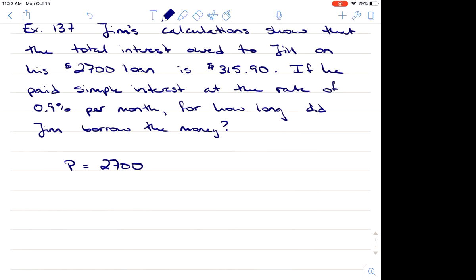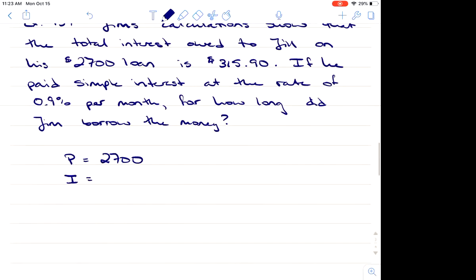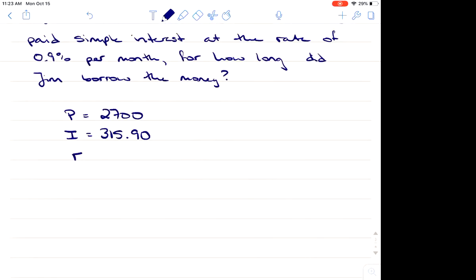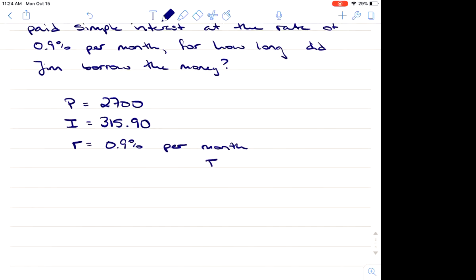So the amount of interest, we're told, is $315.90. So that's your capital I. Okay. If he paid simple interest at the rate of 0.9% per month, so the rate is 0.9% per month, we'll just say that there for now. Okay. And just make a note that we have to find T.